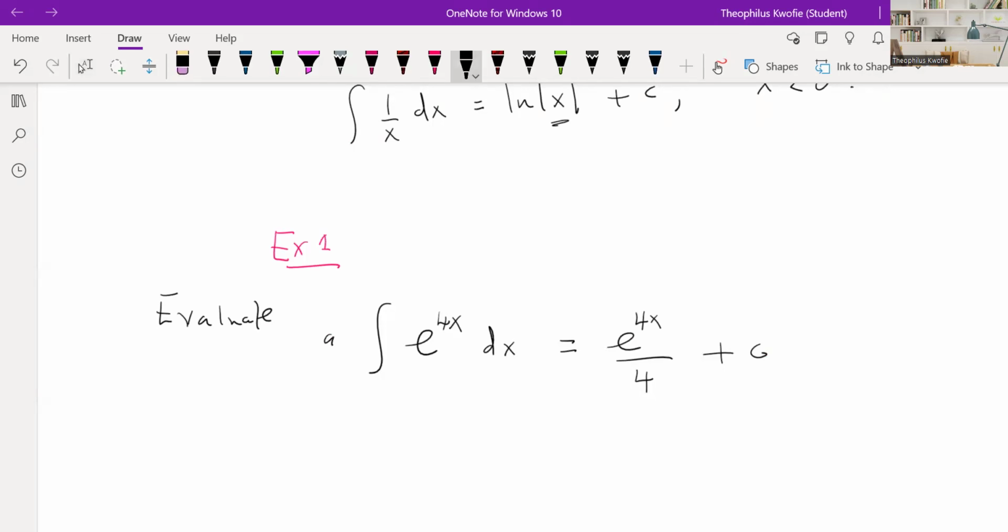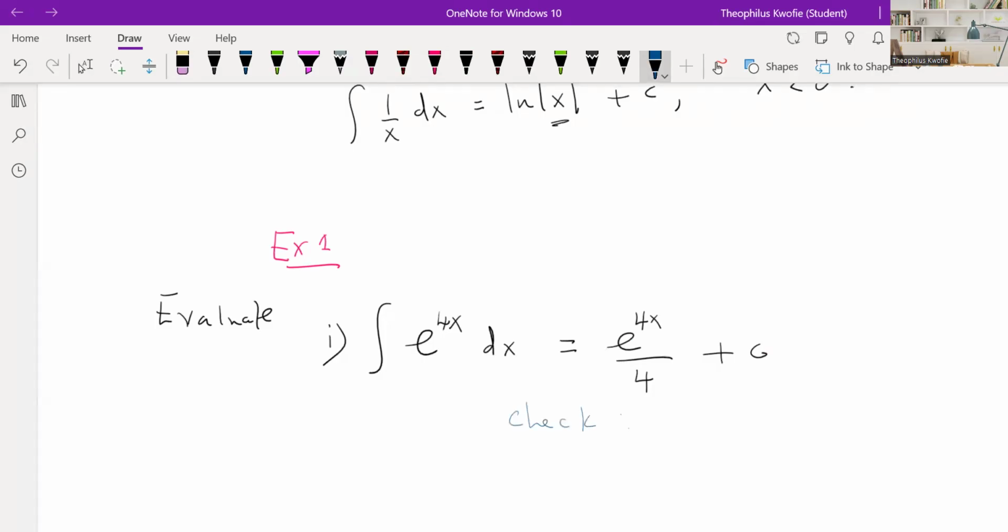So this is I. What about the easiest way, we can always check. Since we said that antiderivative is the reverse of differentiation, we can check our result whether it is true.